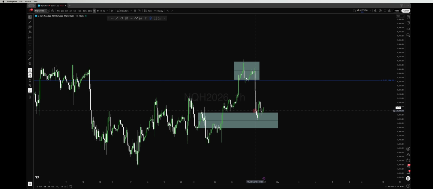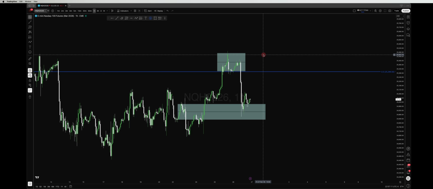Now, what do you expect? If price is in a discount, what do you expect? Price to go to the premium, right? If price is in a premium, you expect discount. But if it were that simple, it would just go up and down, up and down. No. There's something that clarifies more, right? So what I'm saying is, if it came from the premium to the discount and now it's in the discount, and we know if price is in a discount, we expect price to go to the premium.